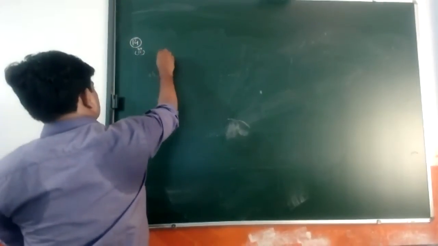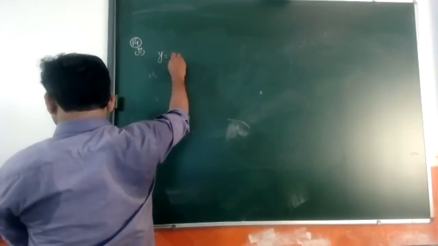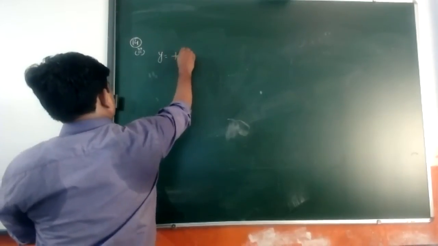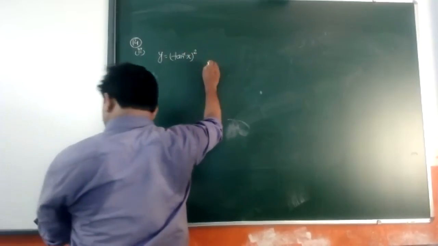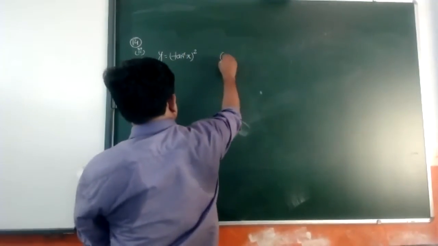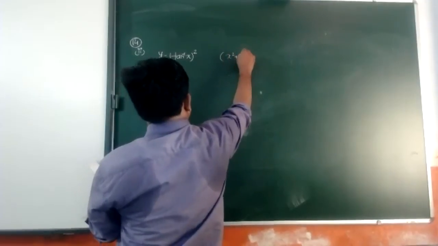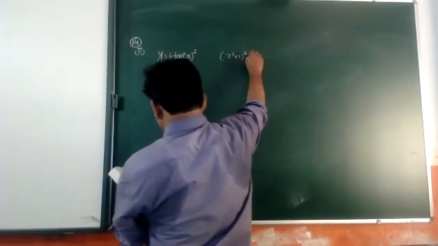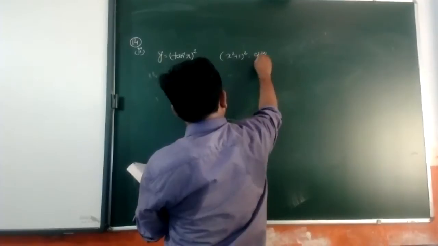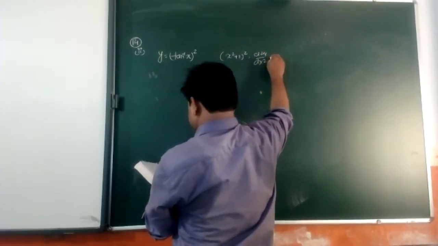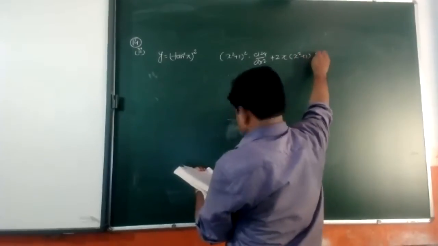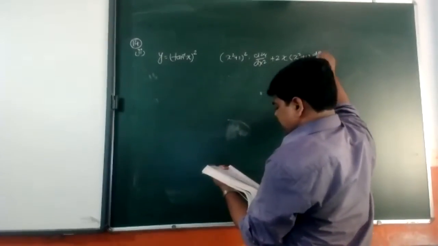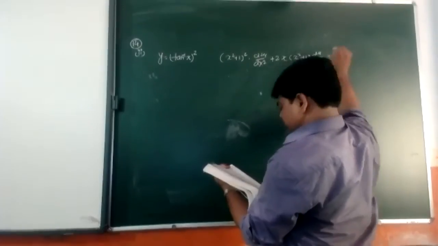y is equal to tan inverse x whole square, and we have to prove that (x square plus 1) the whole square d2y by dx square plus 2x (x square plus 1) dy by dx is equal to 2.